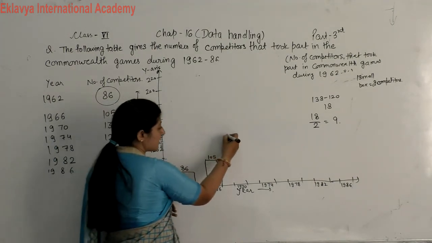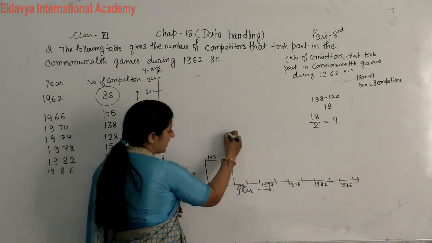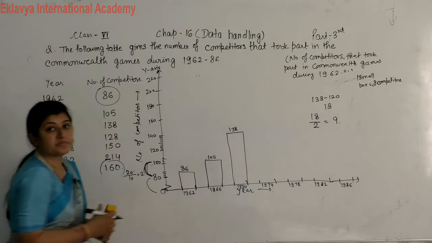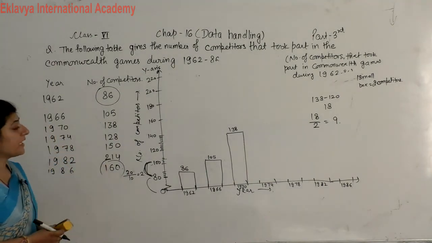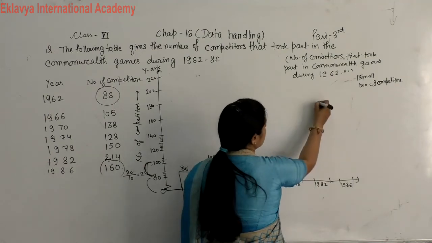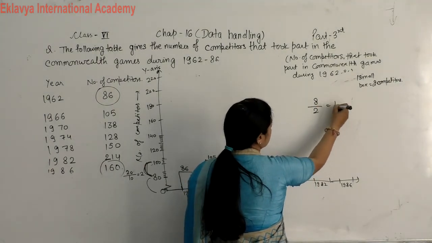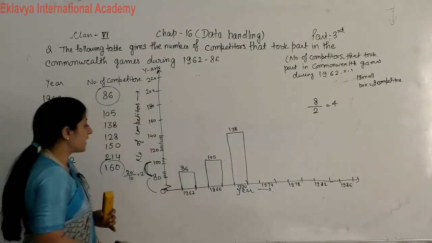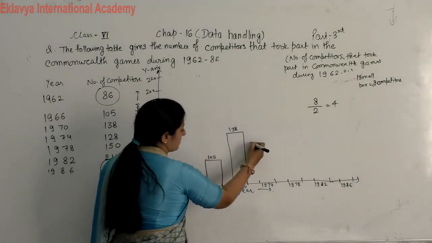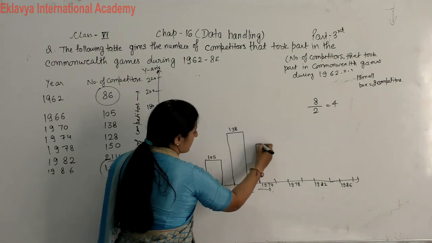So this one is 138. Then 128. 128 is more than 120 by 8, so 8 by 2 is equal to 4. So there are 4 complete parts: 1, 2, 3, 4.